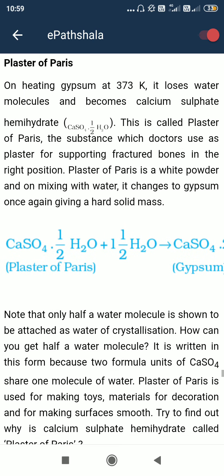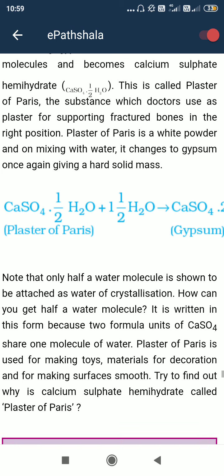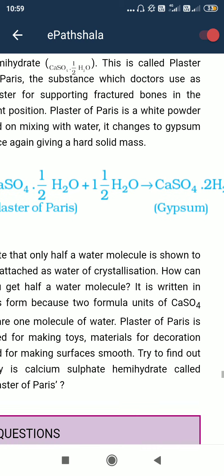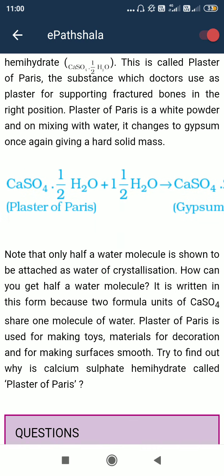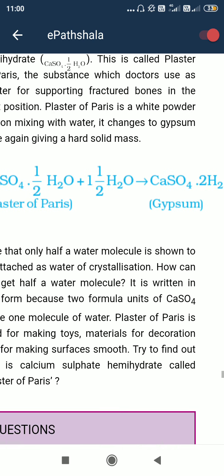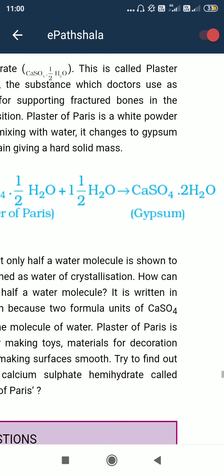Next, plaster of Paris. Calcium sulfate and half H2O, which means actually 2CaSO4 H2O, like this. You can remember that calcium sulfate and H2O are present in plaster of Paris. But in case of gypsum, it is CaSO4 2H2O, the opposite.